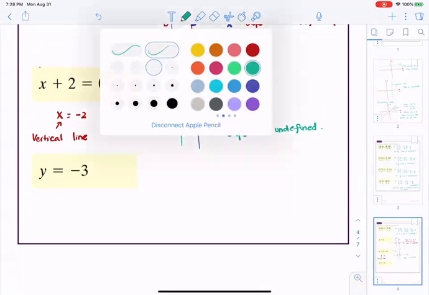So in this case, no matter what value of x we plug in, we are going to get y to be equal to negative 3.